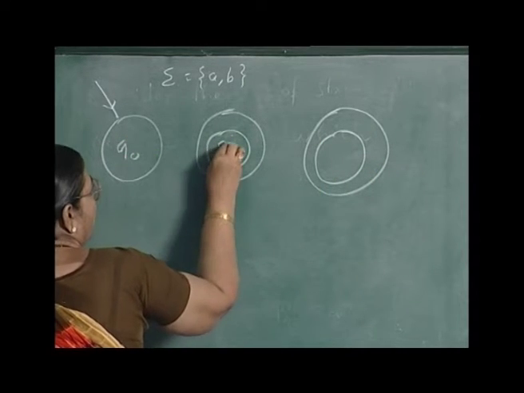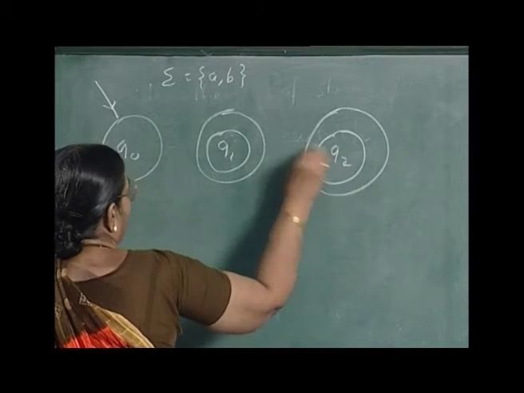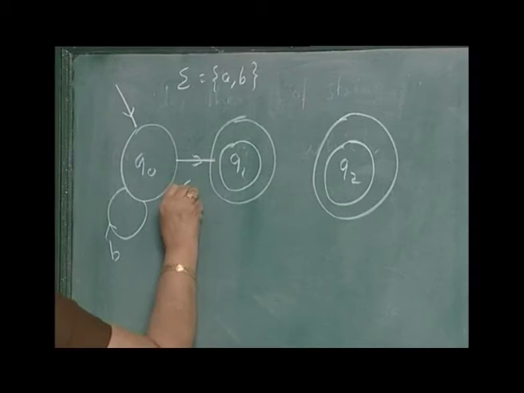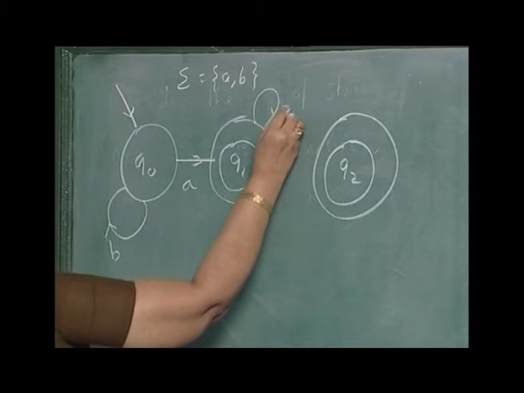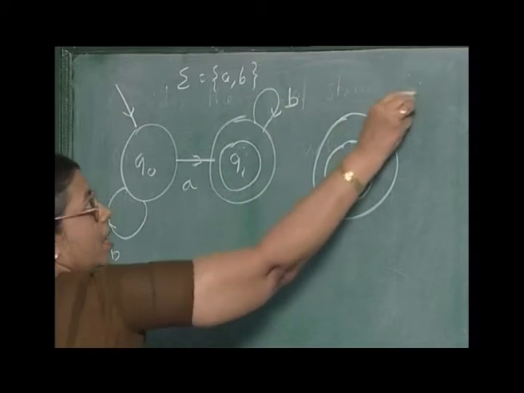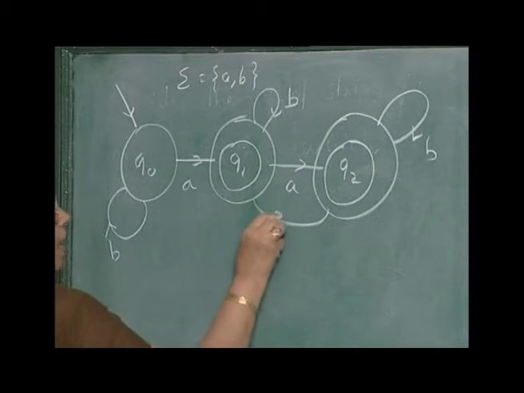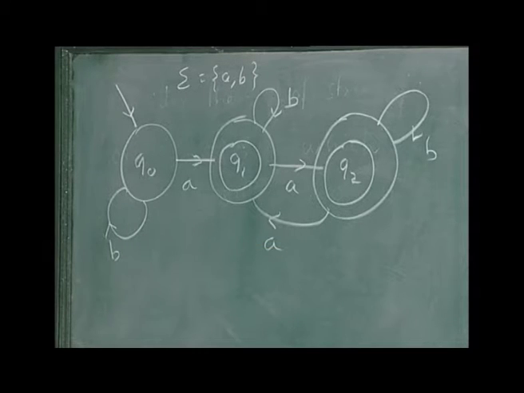The state diagram is given like this, with transitions on B and A. What is the language accepted by this machine?